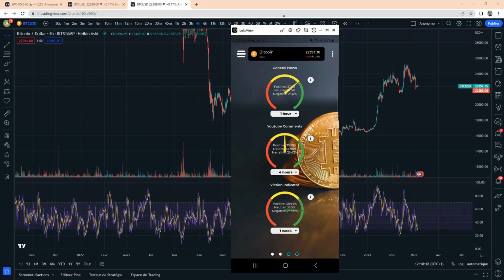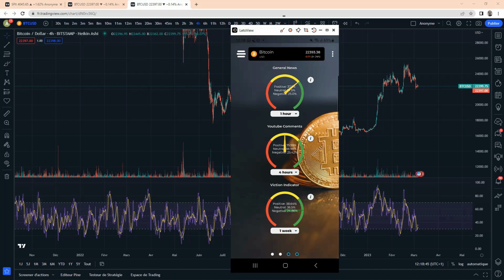As you can see, it's positive, neutral, a bit negative. It's mixed sentiments. Actually, if you look at the overview right now, it's a bit what's going on in the market. It's mixed sentiments. You have the bulls that want to go bull and the bears that want to go bear. It's a really sideways market right now, and we are waiting for some market action, like price action.